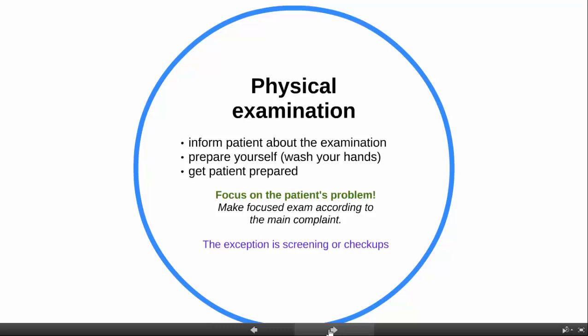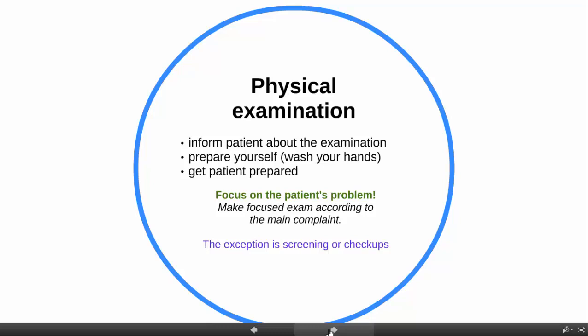Inform your patient about the examination. Prepare yourself. Wash your hands in front of the patient. Get the patient prepared. For example, if you are ready to perform some intimate procedures, for example, a breast exam, let the woman cover one breast, and let her other breast be open for your examination.